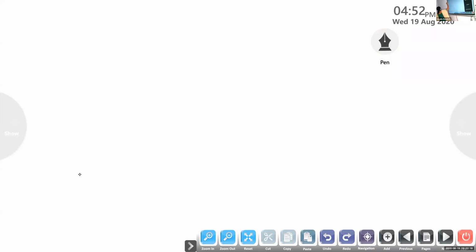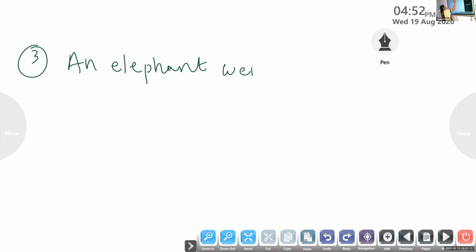Question number 3. An elephant weighs 20,000 Newton. You know, an elephant is a huge animal, so it might have this much weight.